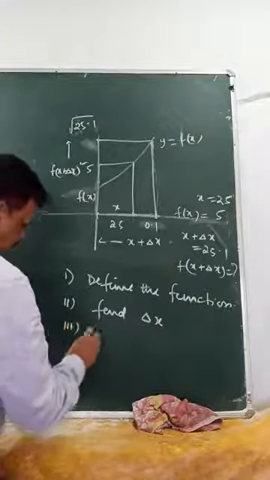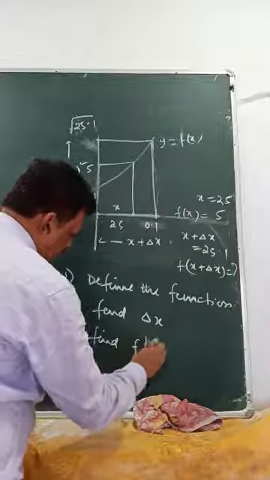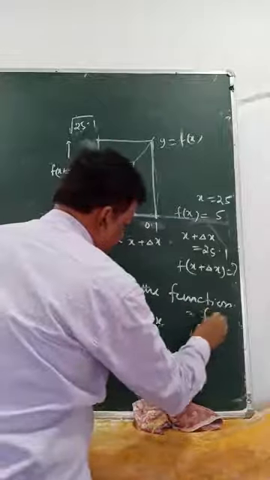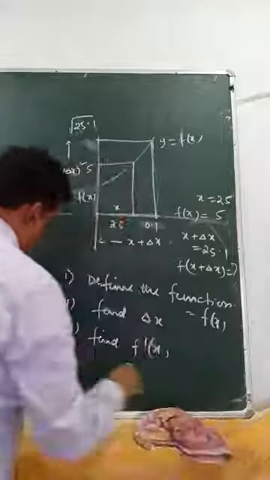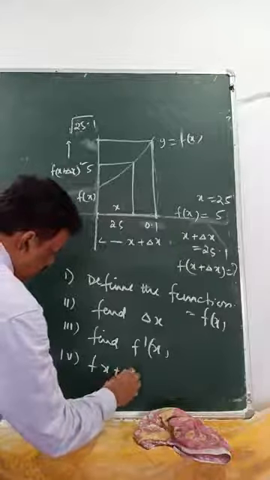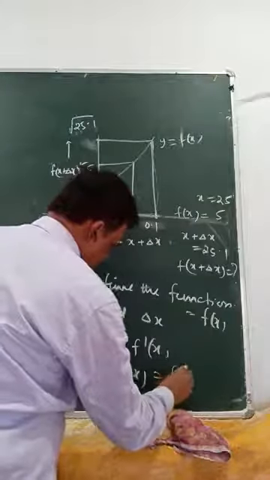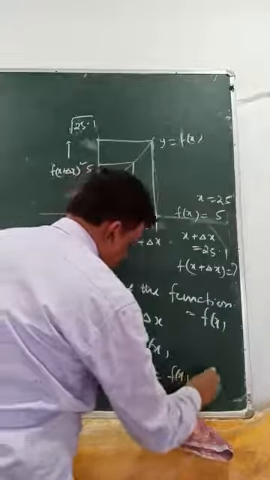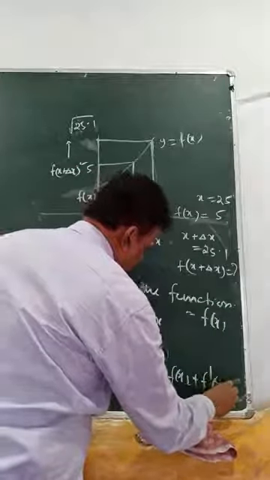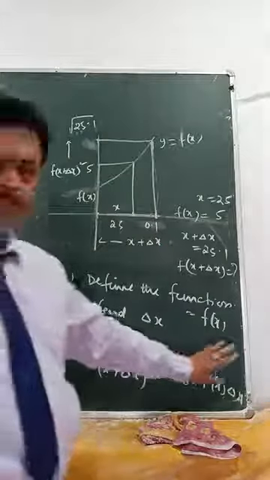Third, find f dash x. Then f(x plus delta x) will be f(x) plus f dash x delta x. So these are the 4 steps you have to follow.